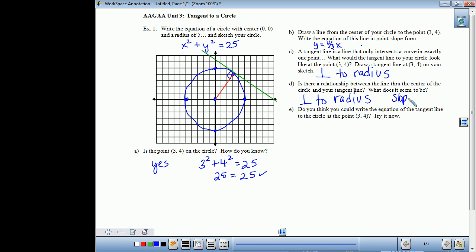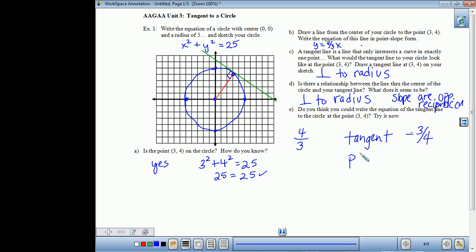So if the slope of the line going from the center to that point was 4/3, then the slope of the tangent would be the opposite sign, negative, and reciprocal. So the slope of the tangent line should be negative 3/4.